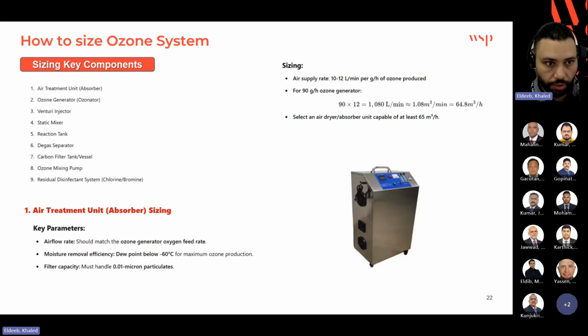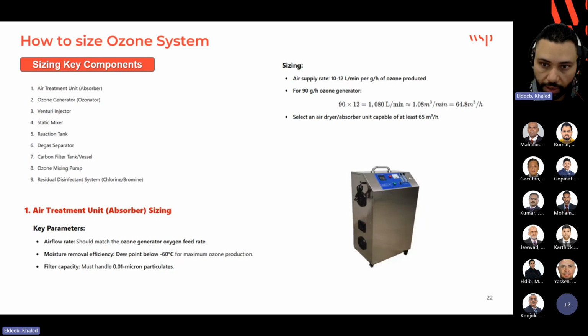So we need to consider 12 liters per minute of air required to produce 1 gram per hour of ozone. So after sizing the ozone generator, we can size this absorber. I started with this one, but you will see in the next slide how to size the ozone generator.